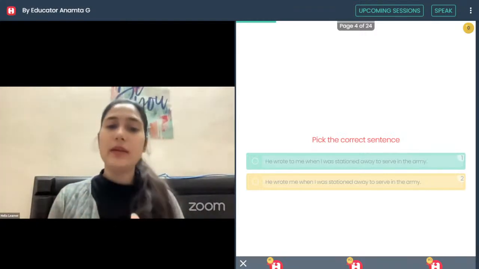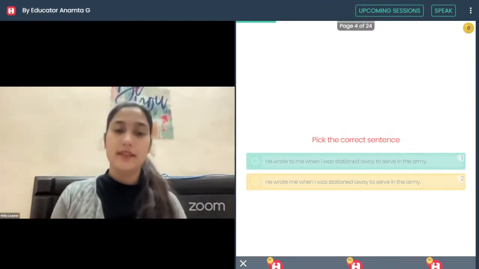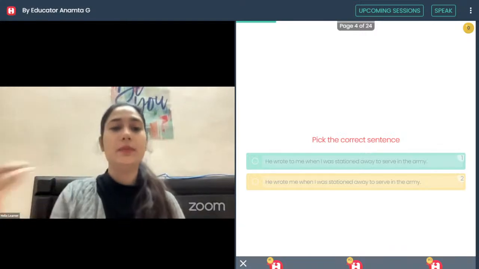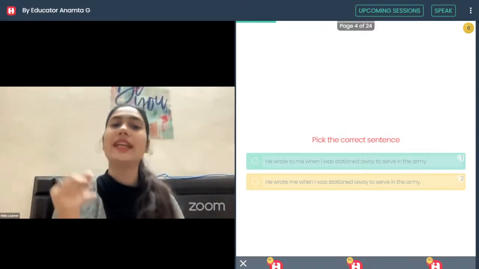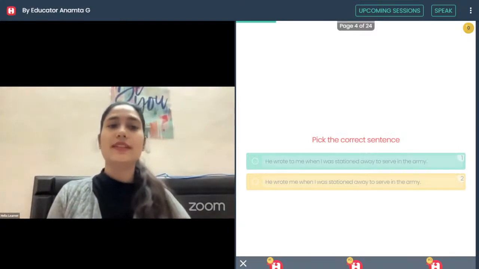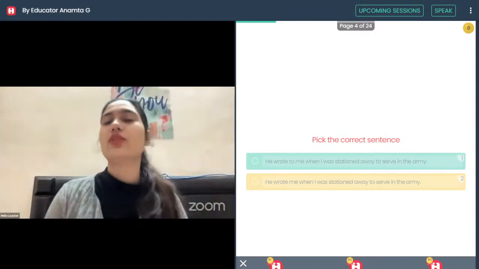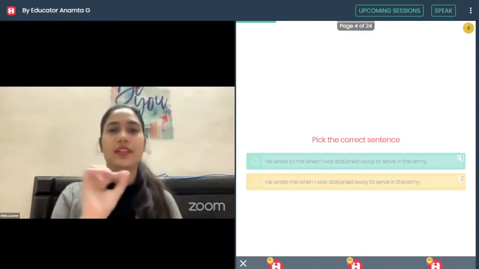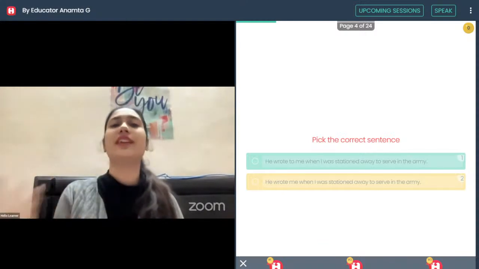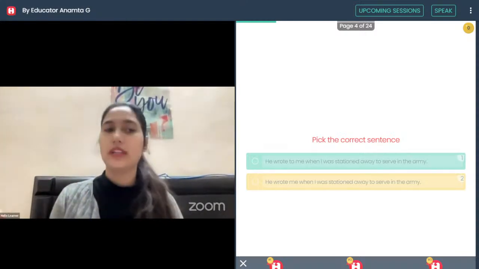So the family members write letters, and the soldiers get these letters. So this is the same sentence that he wrote to me when he was stationed away to serve in the army. To me, मुझे उसने खत लिखा था. Right? He wrote me नहीं होगा, he wrote to me होगा.